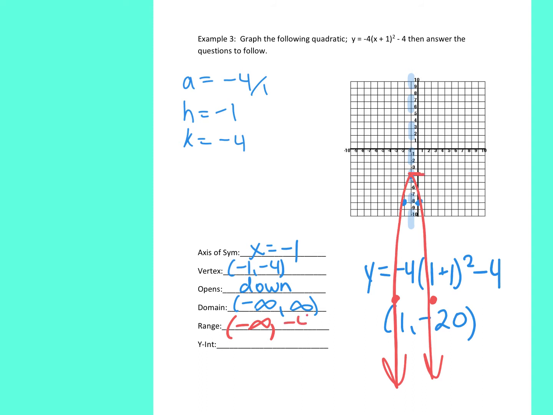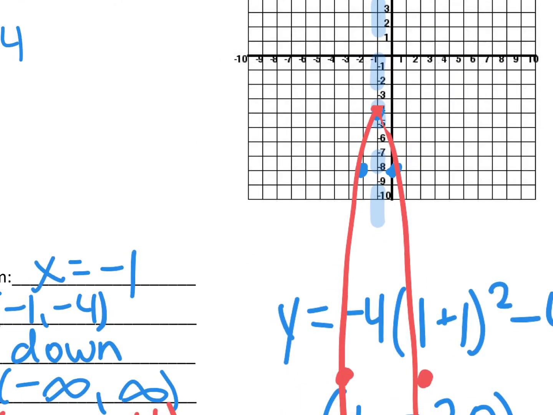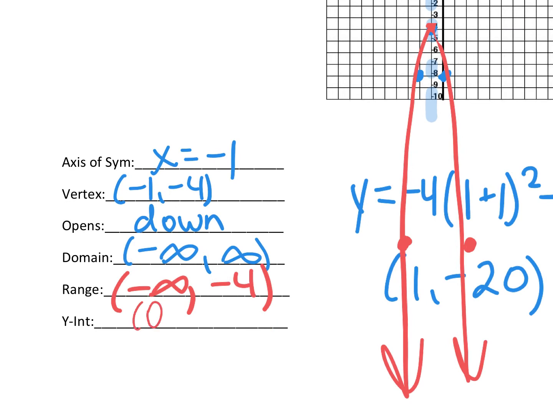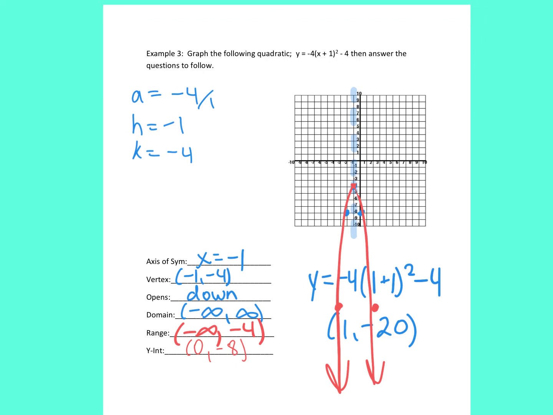Negative 4. Yep, it's y value. And then the y-intercept, where do I cross the y-axis? Negative 8. Yep, we can see we plotted that point already, right? 0, negative 8. Let's go. It's easy. Good.